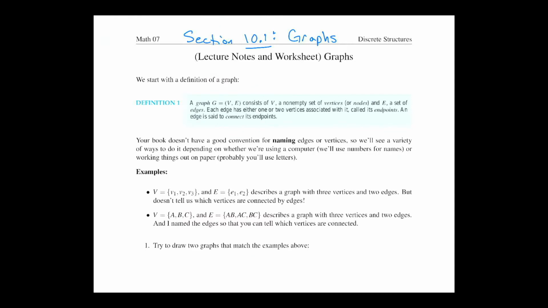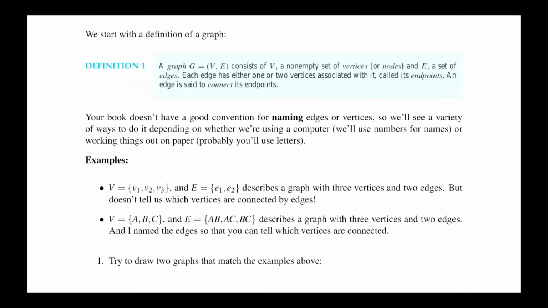So 10.1 graphs. Let's just start with a precise mathematical definition here. Let me get a pointer. So a graph is defined by two sets, actually. There's V and then there's E. It actually doesn't matter what you call them, I suppose, but two sets, V and E. V is going to be what we call vertices, so V for vertices, obviously.